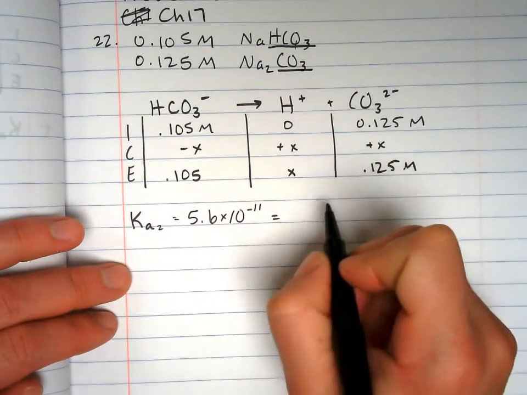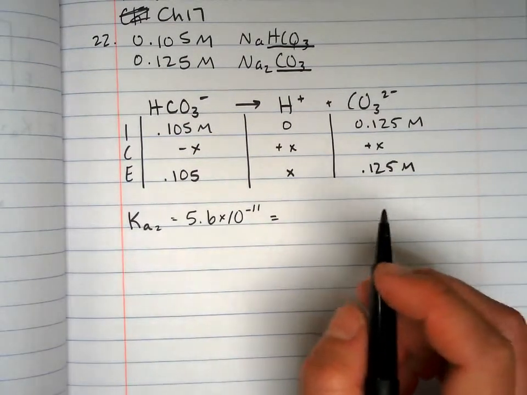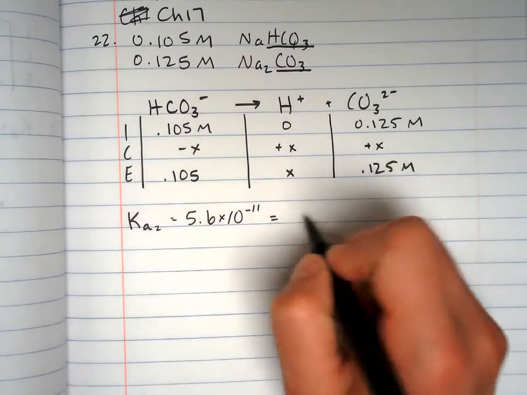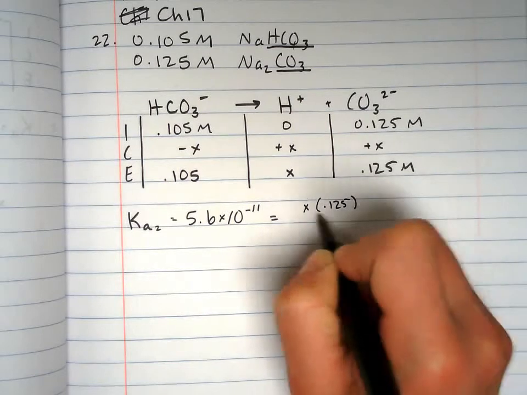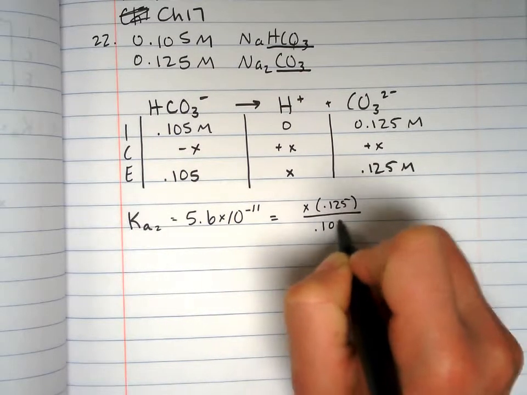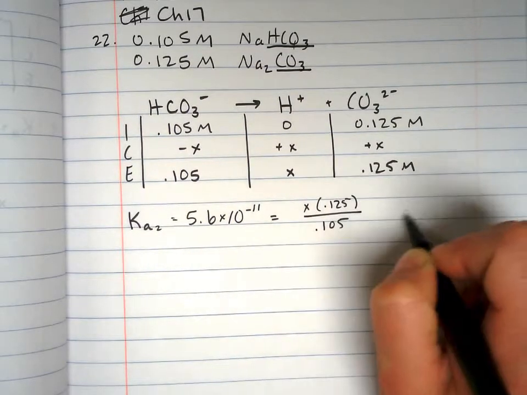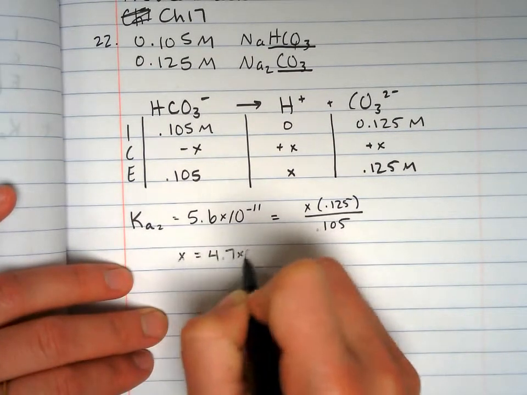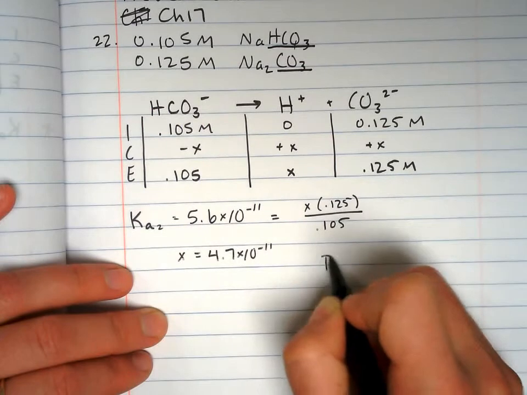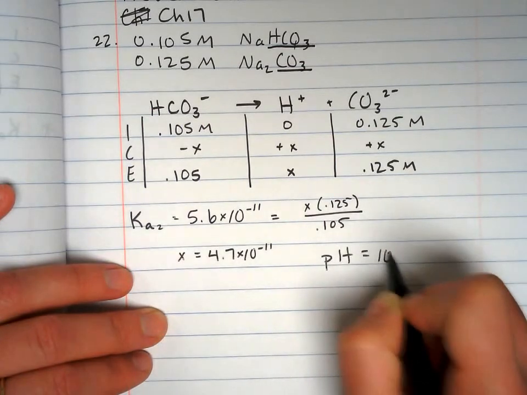Again, I'm just going to solve for x. That was the most complicated part. And my pH will equal 10.33.